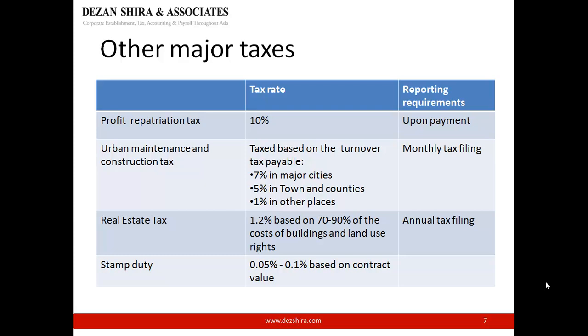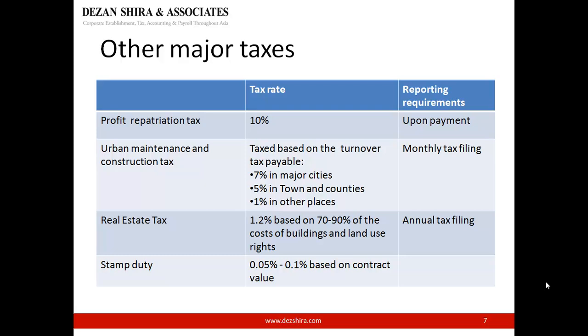So the third one is the real estate tax. Most of the WFOEs would buy land and build their own workshops in different places. So when you have your own buildings, when you have your own land use rights, then you should know that you also have this real estate tax liability every year.